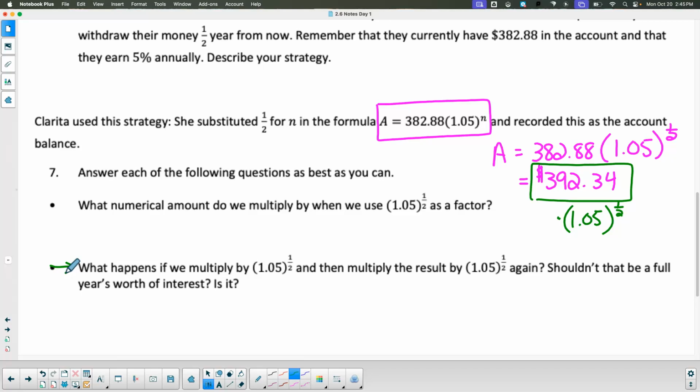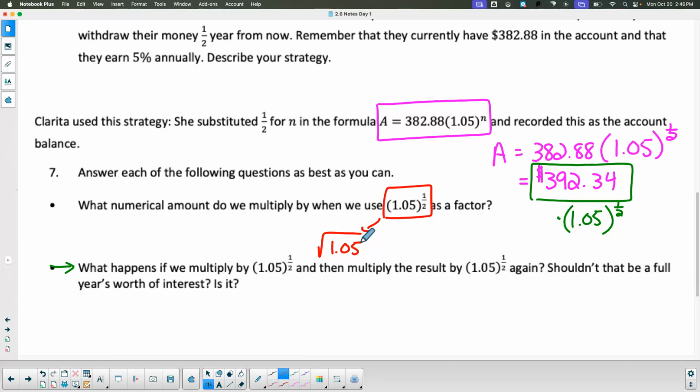Okay? And really, this is the cool part of this whole thing. This right here is the square root of 1.05. That's multiplying by the square root of 1.05.